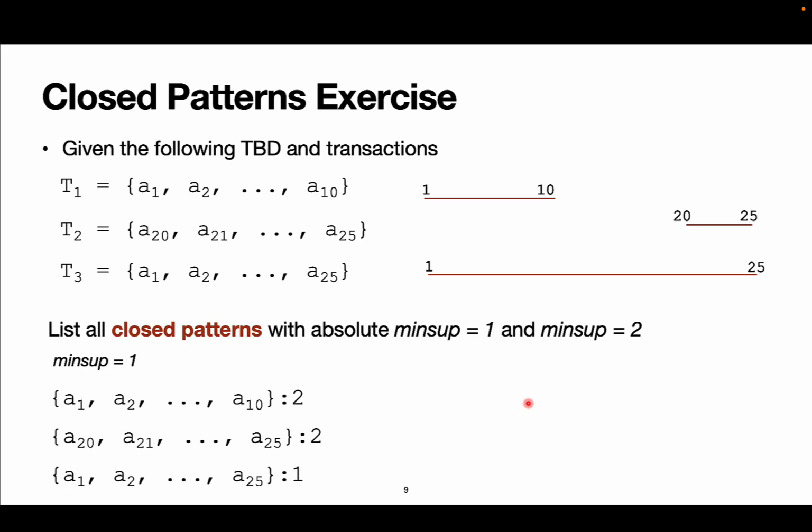Now, as you can see, we ended up with 3 patterns. A1 to A10 occurred twice. A20 to A25 occurred twice. And A1 to A25 occurred only once. For minimum support equal to 2, I'm going to focus on the overlapping areas, which means I got A1 to A10 twice and A20 to A25 twice.